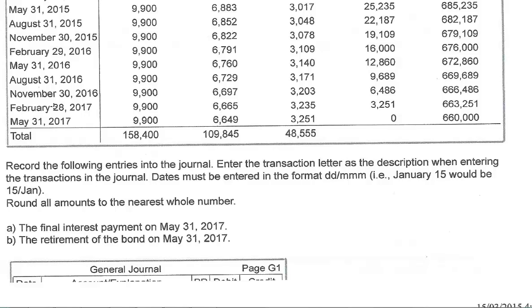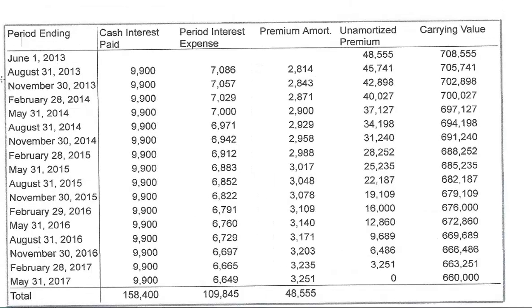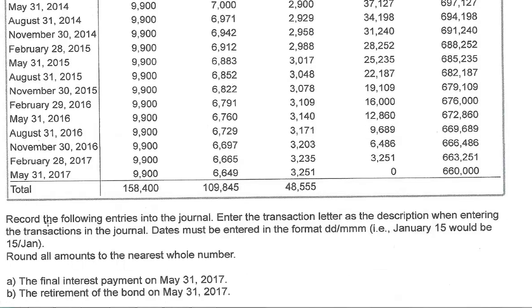The first thing you have to remember is that if you look in this area here, from February 28th, 2017 to May 31st, February 28th was an interest payment date. Don't forget, anytime you see period ending, these are giving you all the interest payment dates because interest is paid at the end of each period. Now, you can see that your March 31st year end is going to fall in here between February 28th and May 31st.